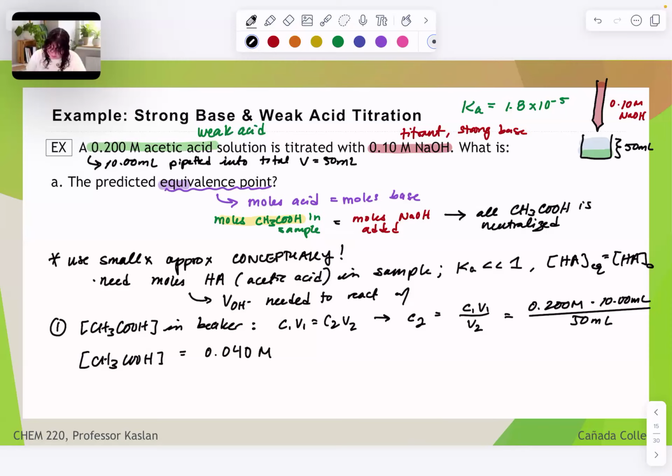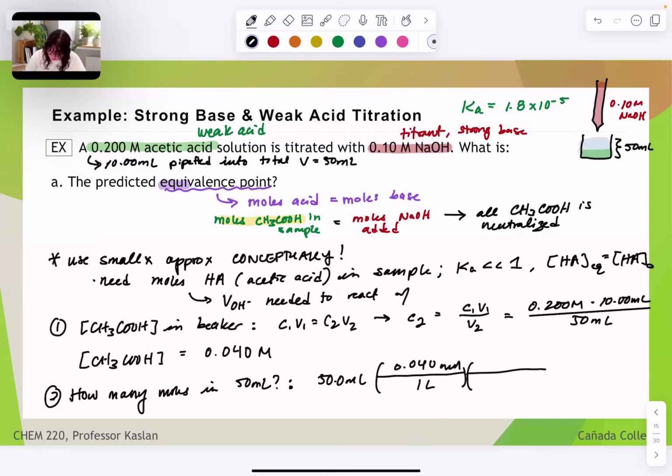All right. So this is the concentration. And the question is, how many moles in our 50 milliliters? So we are going to say we have 50 point whatever milliliters. And I know that there are 0.040 moles per 1 liter of solution.